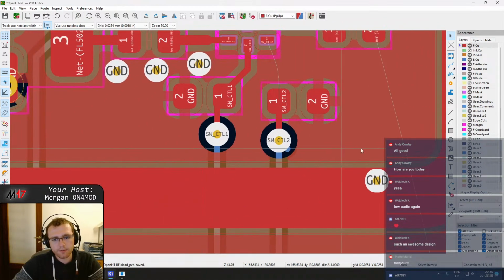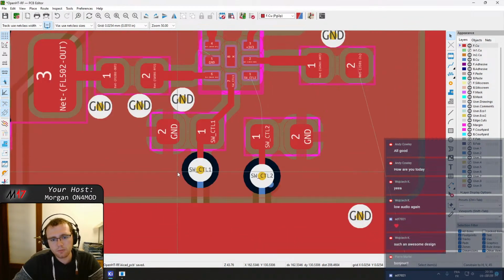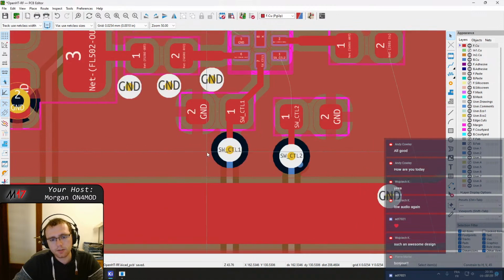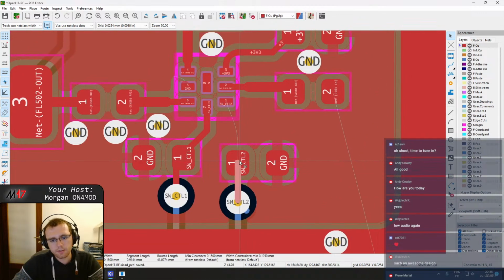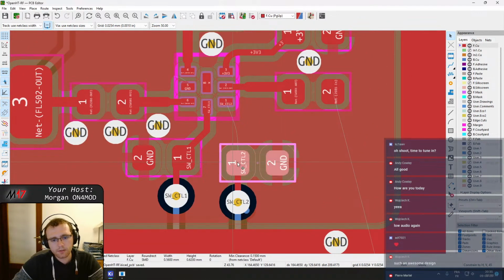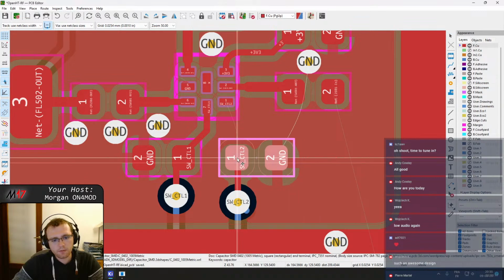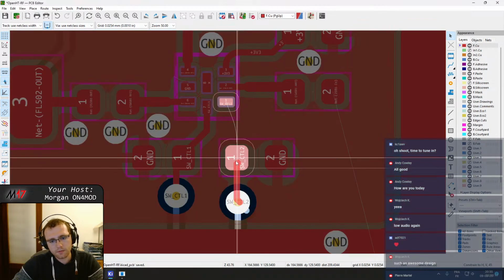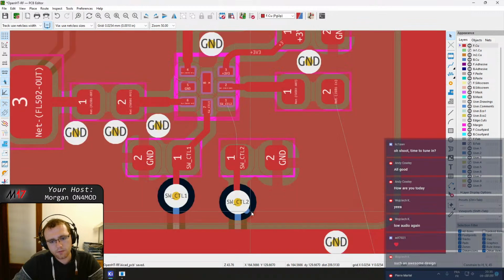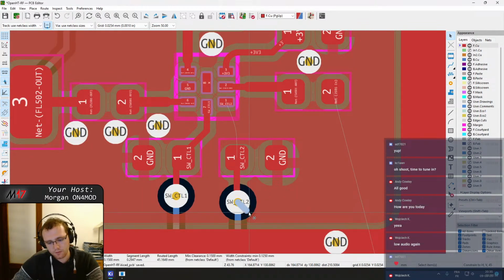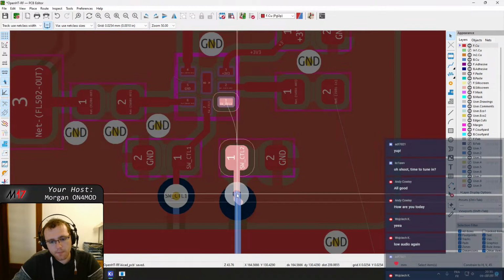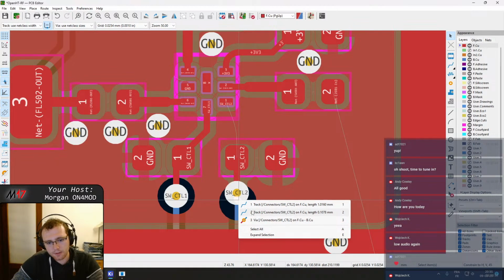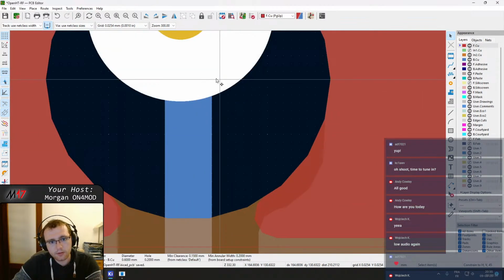I would prefer to have a sliver of ground in between the via and the shield, just in case. Okay, what's this mess that we have here?